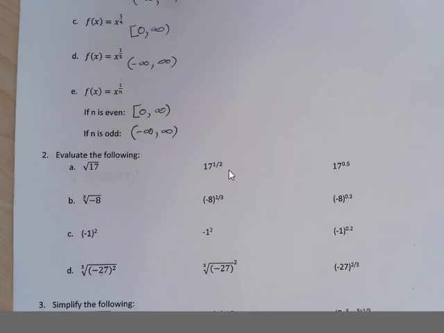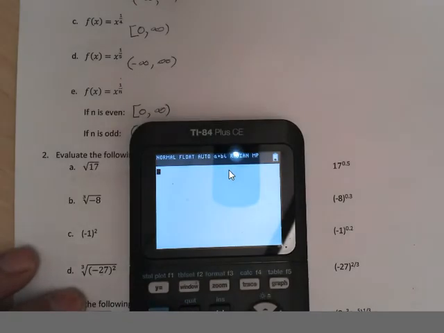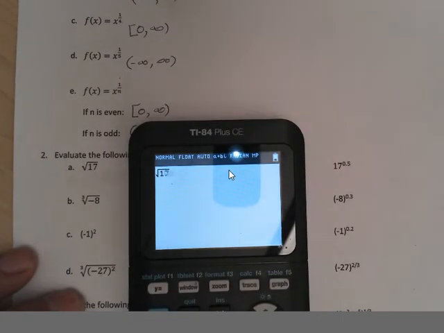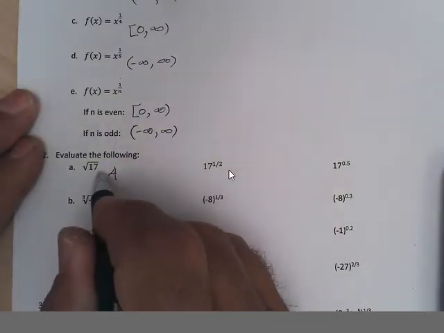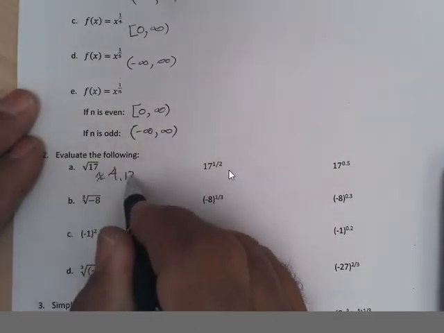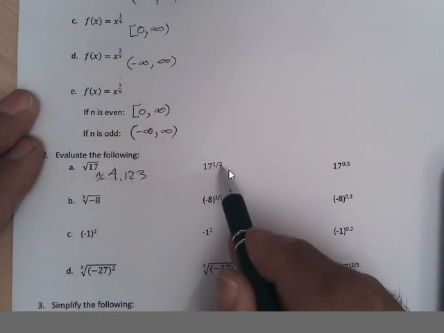Square root of 17, if I pull out my calculator, I can just type that in and get a decimal approximation on it. Square root of 17 is approximately 4.123. This also means square root.